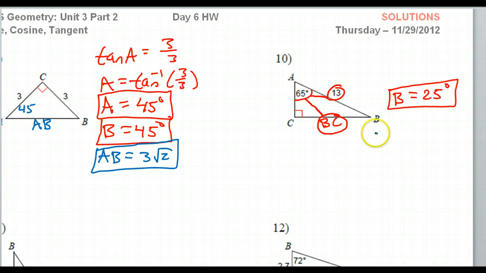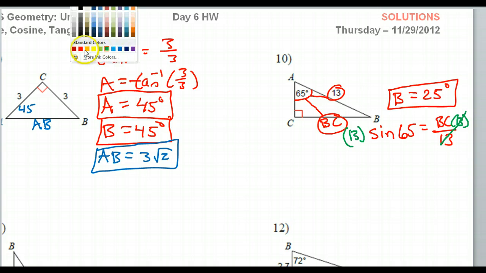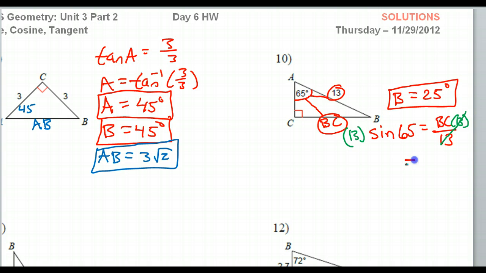That's the sine function. So sine 65 should equal BC over 13. We'll just multiply both sides by 13. That way these 13s will cancel each other out. That gives me that BC equals 13 sine 65. That's 11.8.